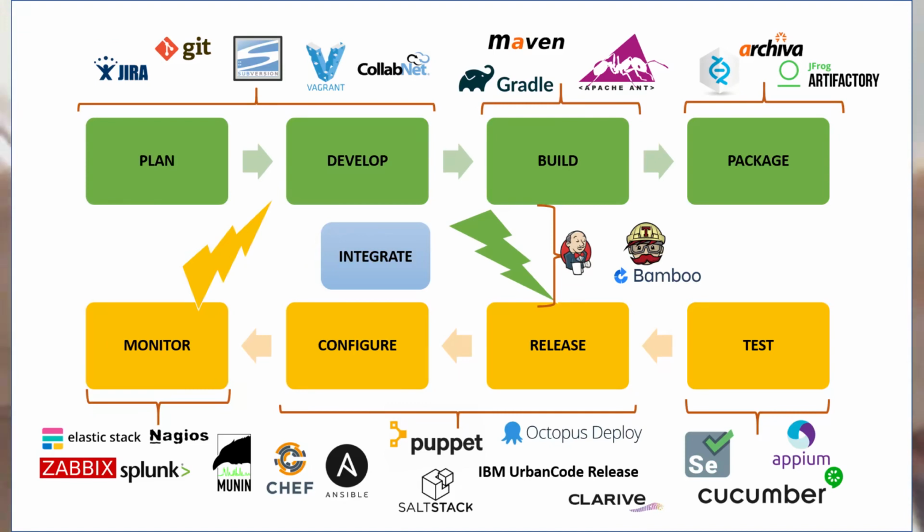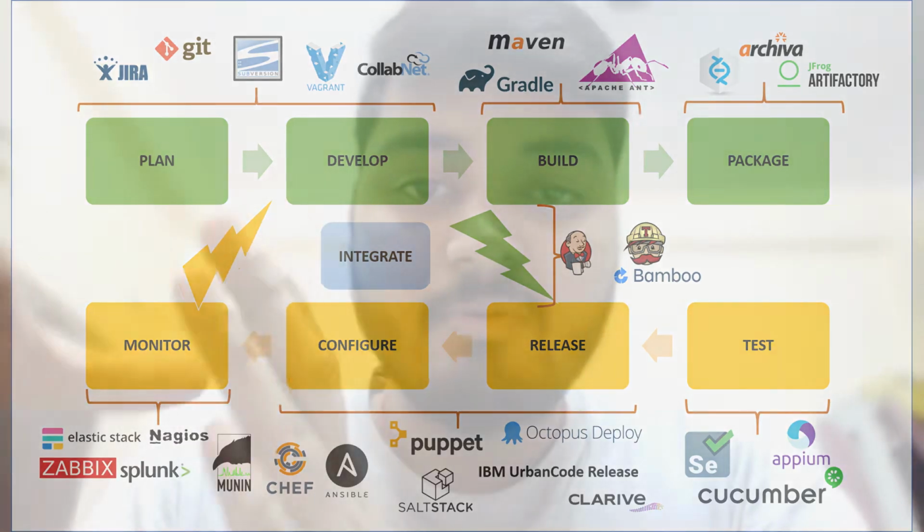Further, these packages are sent to the test environment where we test the code, and if some findings or bugs are found, it is sent back to the development team. Unlike the waterfall model, we don't wait until the coding is totally completed before moving it.